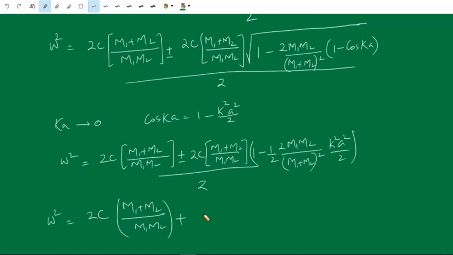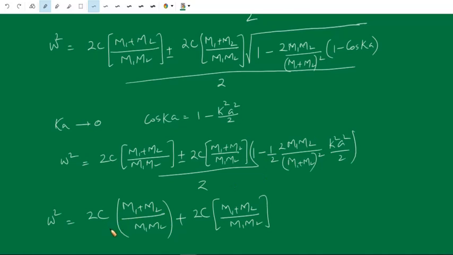plus 2c m1 plus m2 divided by m1 m2. Since k square a square is very small, we can write this as 1 minus some small quantity, so we can neglect this term.